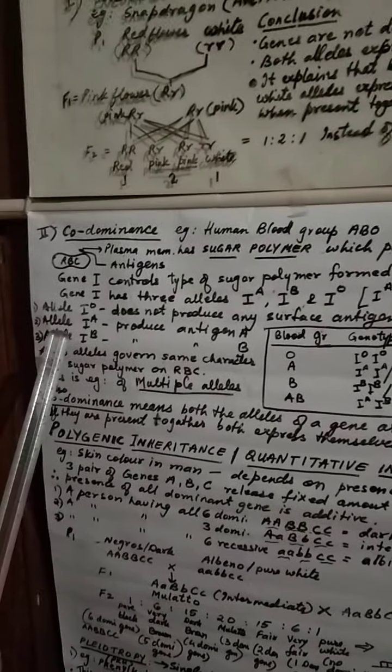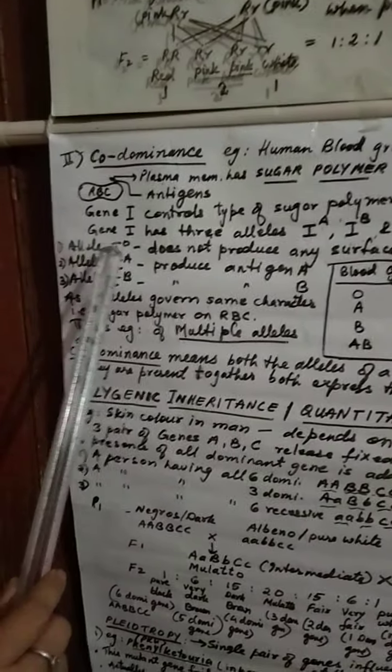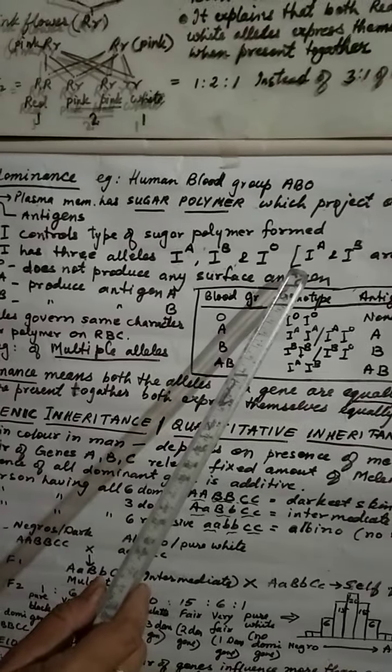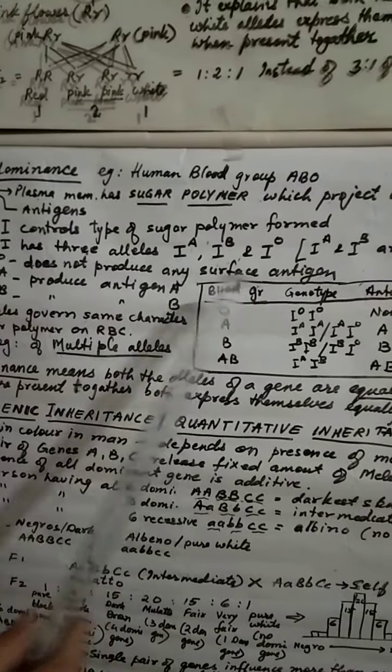Now we will see three conditions. When allele IO is present, it does not produce any surface antigen, so antigen is absent here.